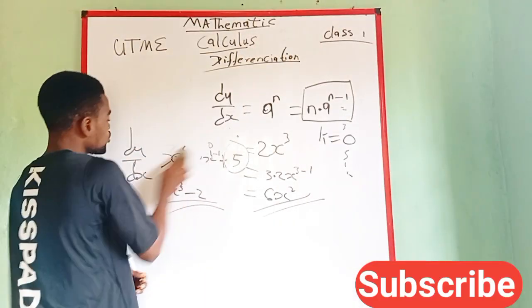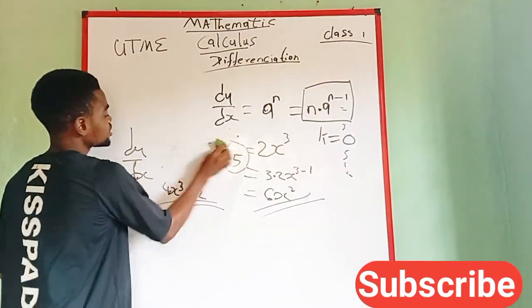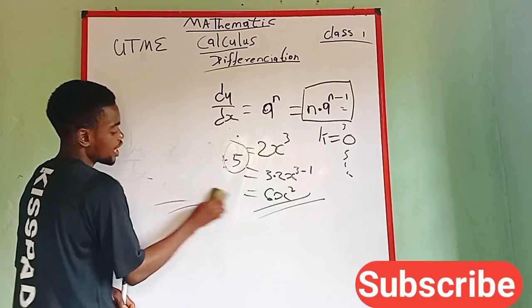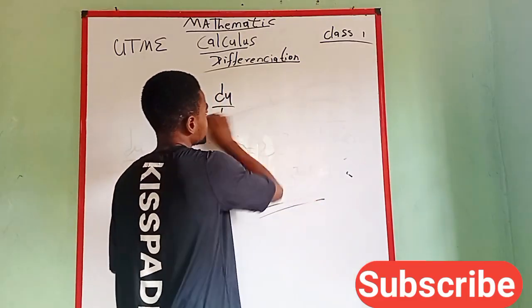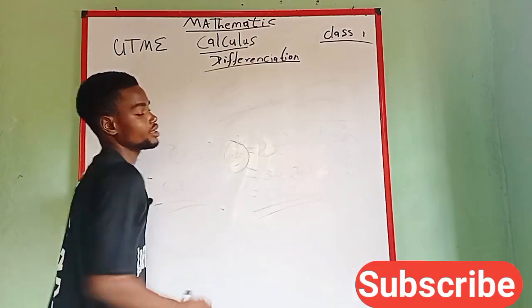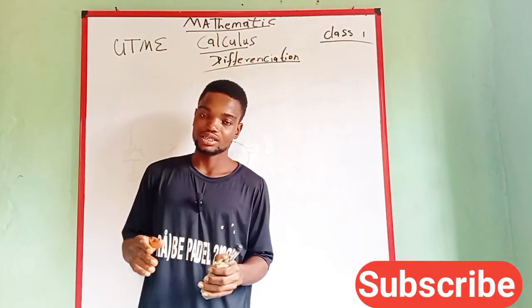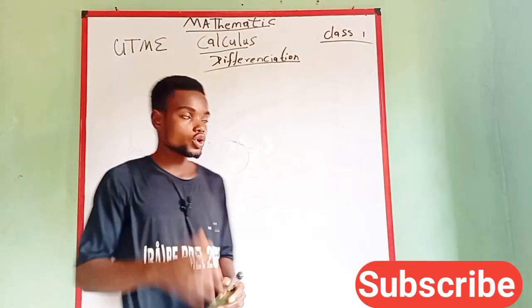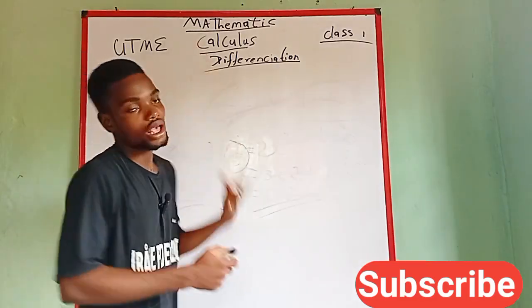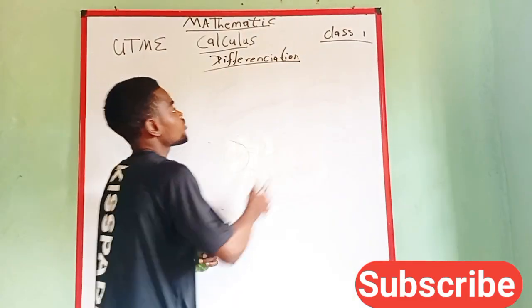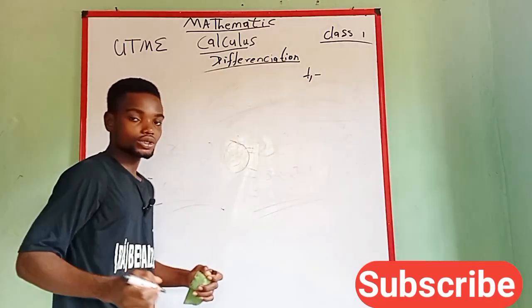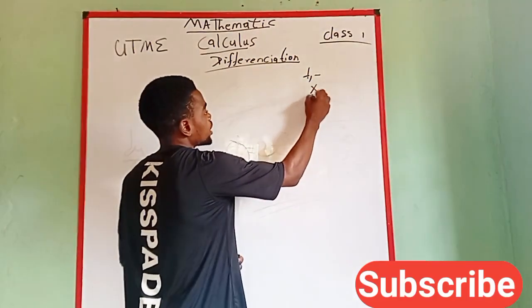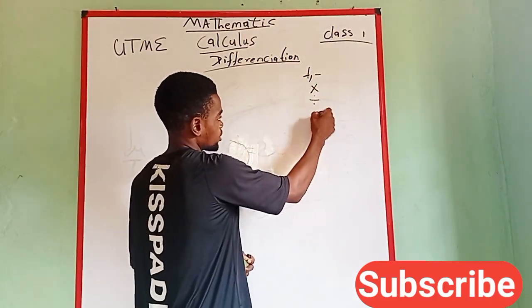Are you getting me? Now, mostly, as you can see, what I'm doing here is different from the first one that I solved. Why is it so? As the science we have in mathematics has expanded, so has calculus differentiation expanded. For instance, we have addition, which works hand in hand with subtraction. We have multiplication, we have division, we have power.